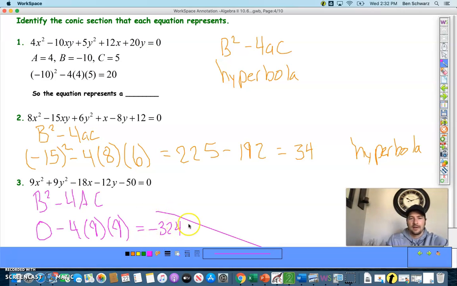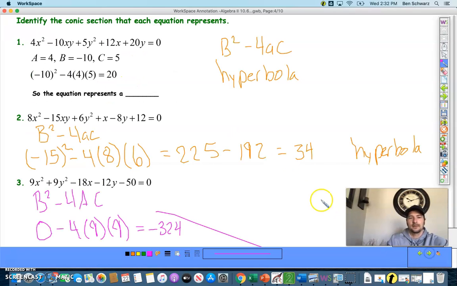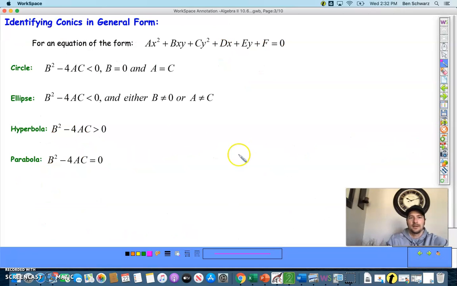So if b squared minus 4ac is negative, if it's less than 0, it's going to be one of these two. One thing we can look for is, is b equal to 0? Let's look. B was equal to 0. Yes. Oh, sorry, it says and. I forgot the and. Is a also equal to c?